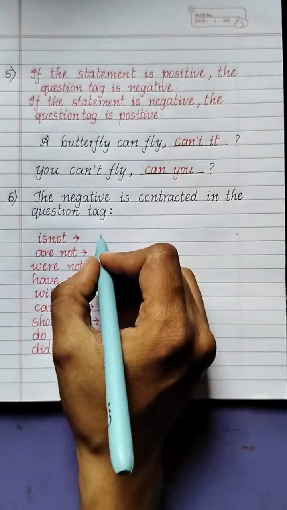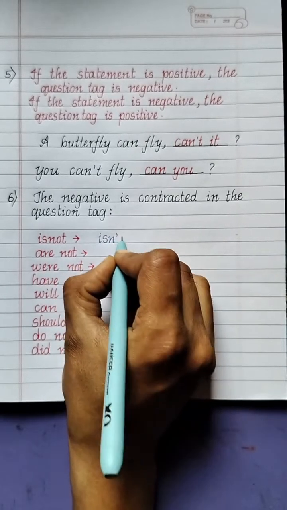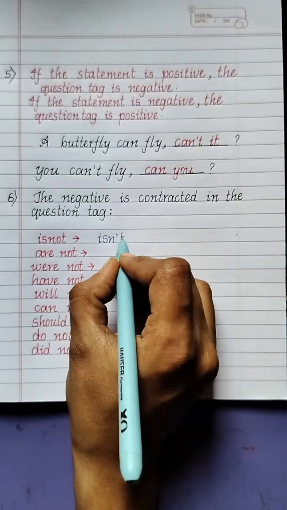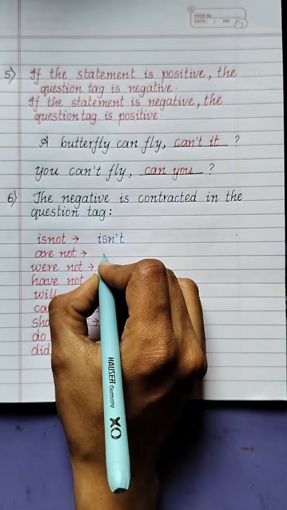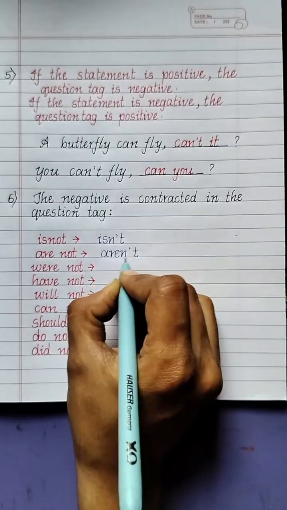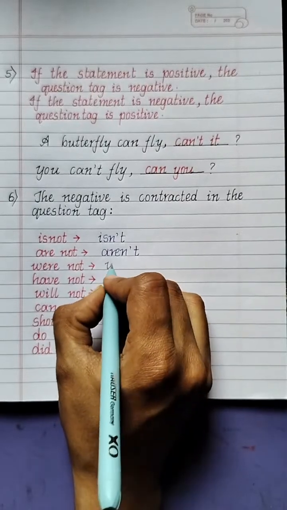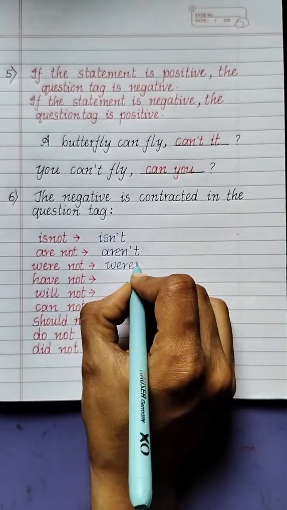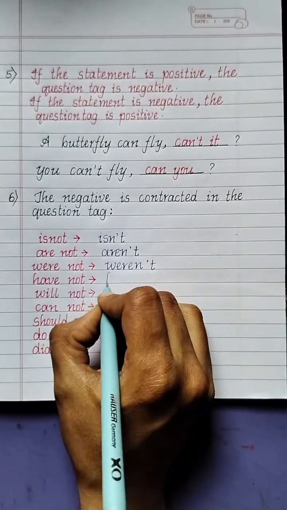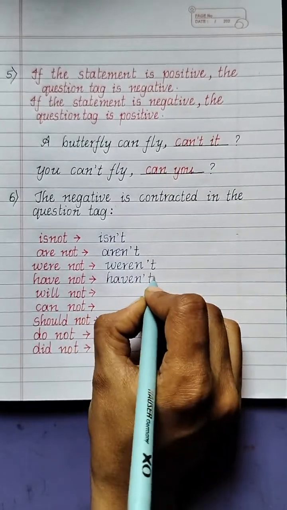Is not: the short form of is not is isn't, I-S-N apostrophe T. Are not, aren't. Were not, weren't. Have not, haven't.